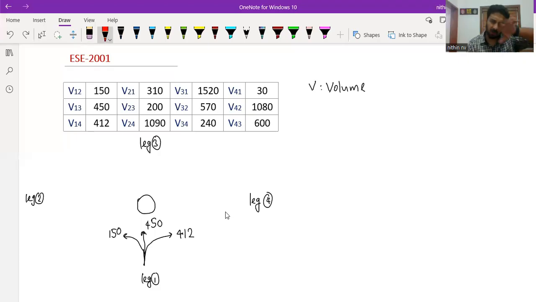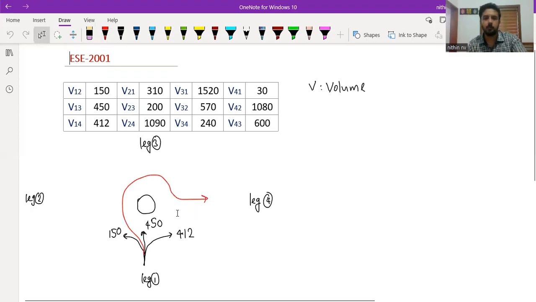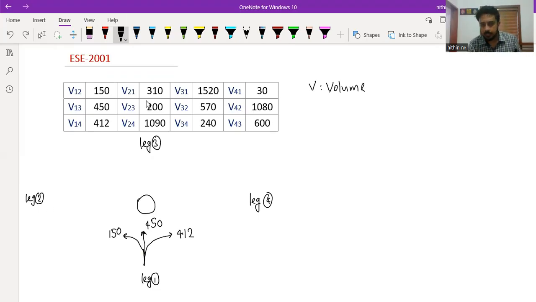But instead of drawing it round clockwise like this, they'll simply represent it by putting an arrow towards the right side. That's it. Clear? Similarly, see the second set of data, V21 means from 2, many vehicles are coming to leg 3, leg 4 as well as leg 1.